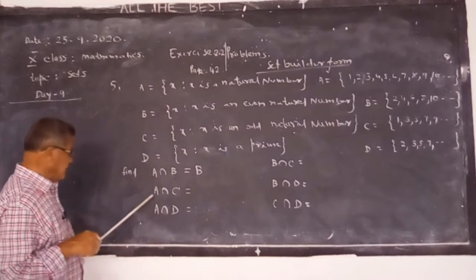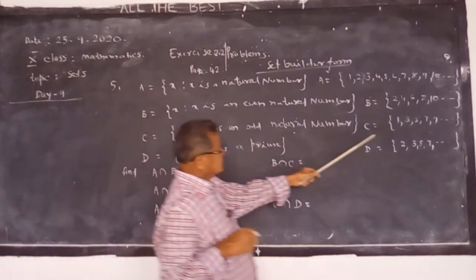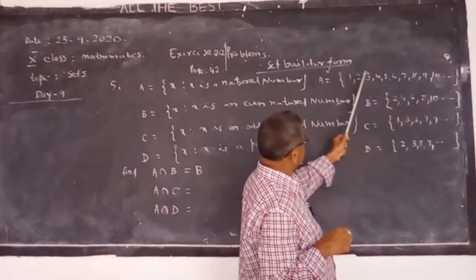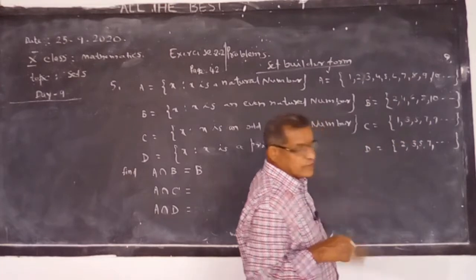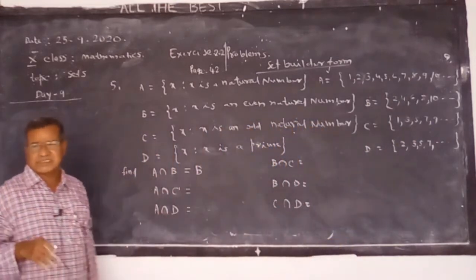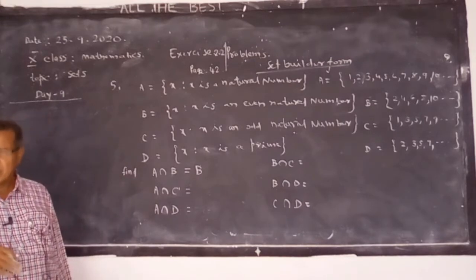Next, A intersection C. In C, the odd numbers are 1, 3, 5, 7, 9. In natural numbers, there are even numbers and also odd numbers.